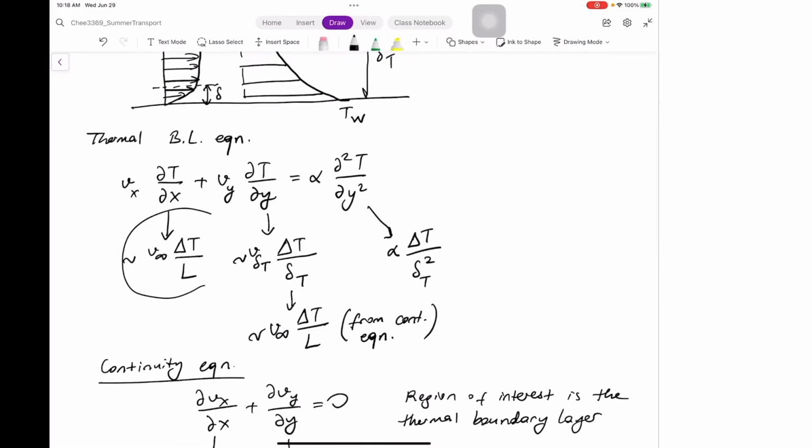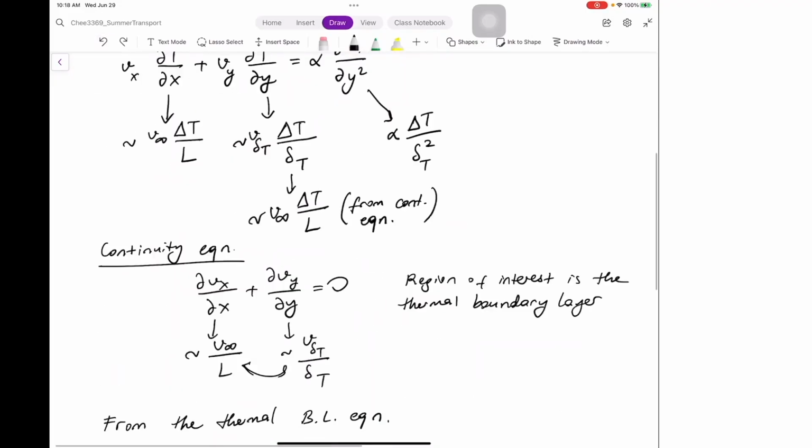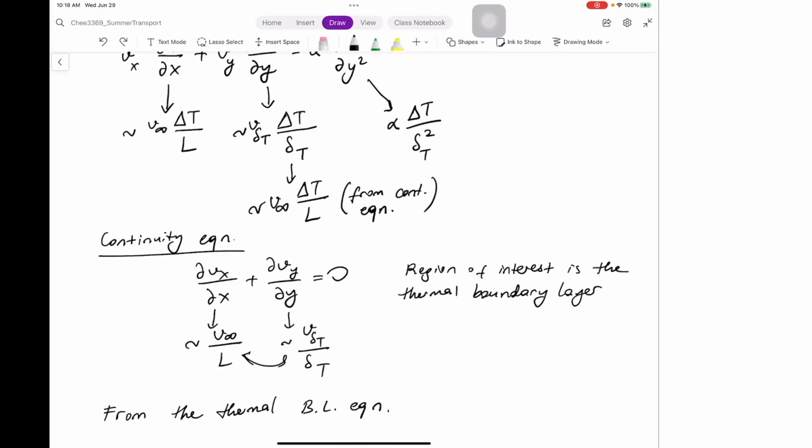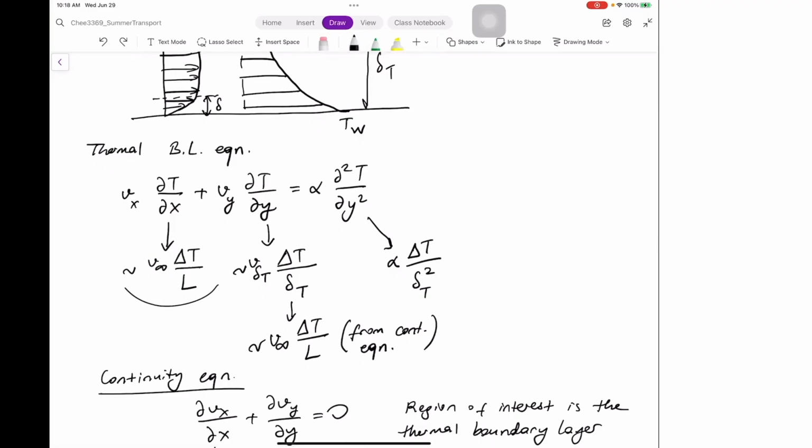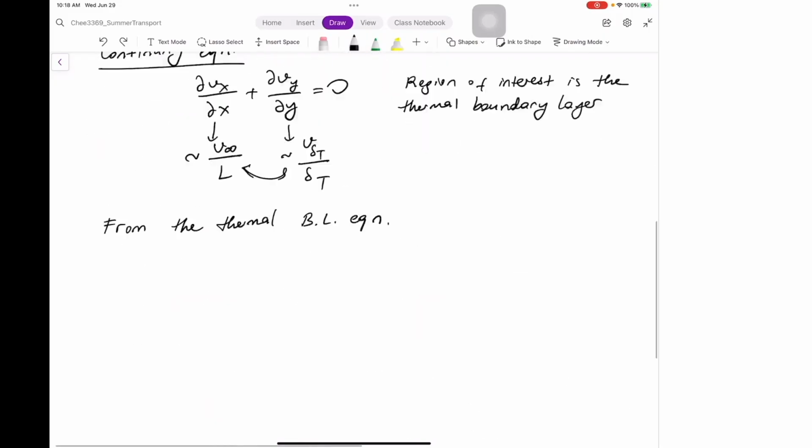Have a look at this expression. This must be in the order of this, right? Because you have an equation, the left-hand side must be roughly equal to the right-hand side. So in other words, they are roughly equal to each other, right? And this is the advection term, and this is the conduction term, right?